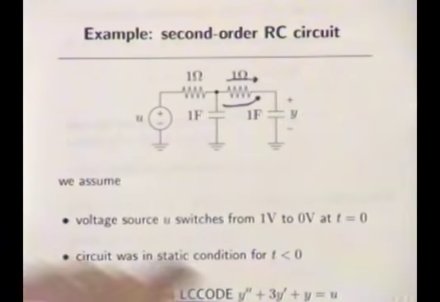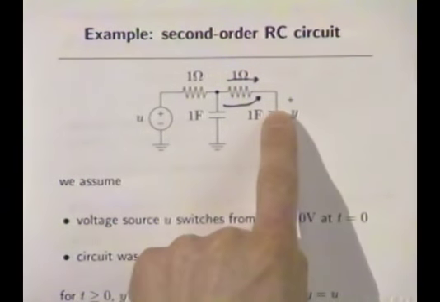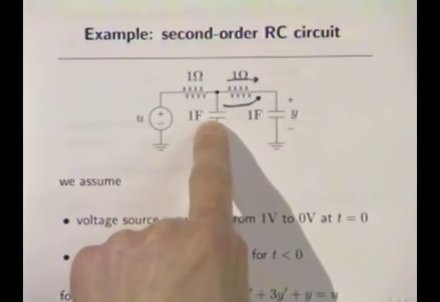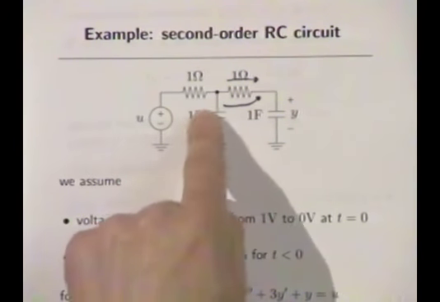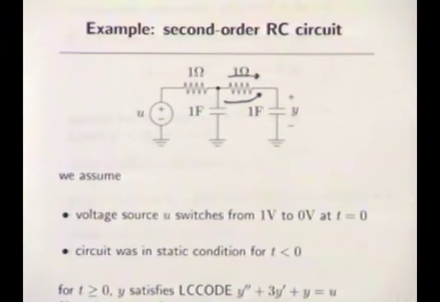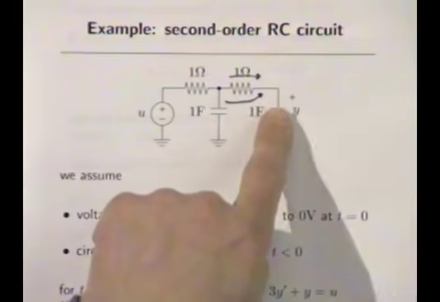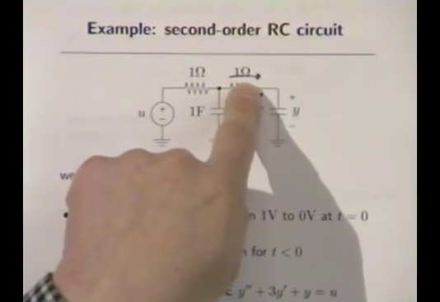On the other hand, you could do some other cheap stuff. Take this capacitor and move it over here. What's the time constant now? It's 2. Now, when you move this capacitor over here, is this circuit faster or slower? It's faster, right? Because now the second capacitor has the benefit of not charging through this resistor.